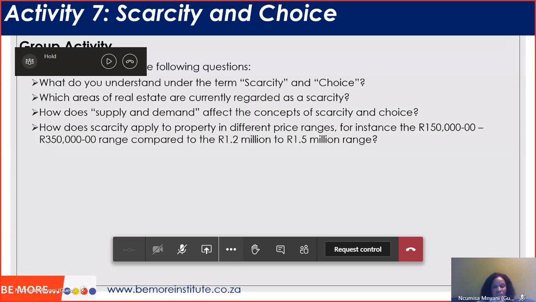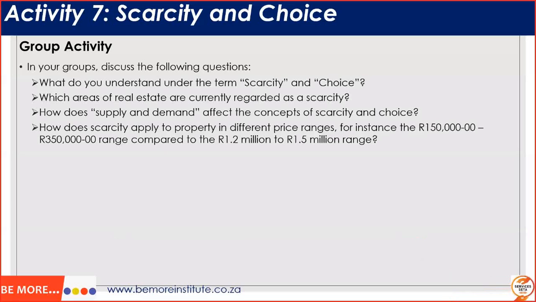For instance, the 150,000 to 350,000 range compared to the 1.2 million to 1.5 million range. What is happening in the 150,000 rand price range? Where is there scarcity? And in the upper ranges of about 1.2 million to 1.5 million, how is that affected?